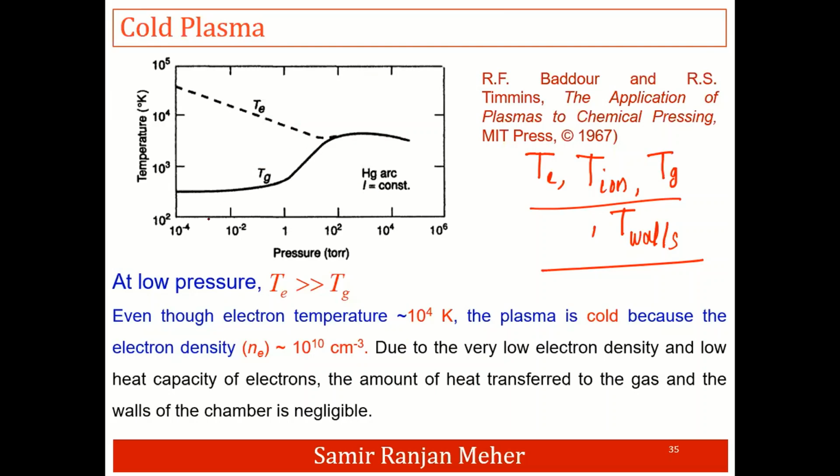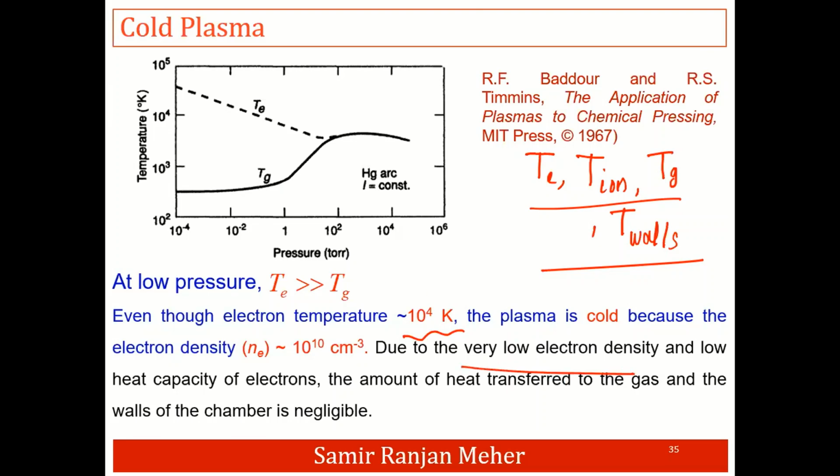At very low pressure, we can see that the electron temperature is very, very high, because the number of electrons moving is very, very high compared to the number of ions. Even though the electron temperature is very high, 10 to the power 4 Kelvin, the electron heat capacity is very, very low, and the density of electrons is also very low.